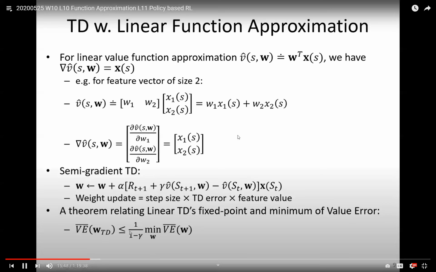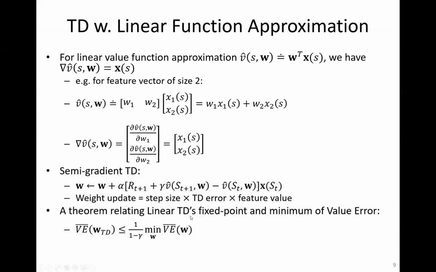So there's a theorem that relates linear TD's fixed point and the minimum of value error, which is less than or equal to 1 over 1 minus gamma. So it's a non-trivial theorem. If gamma is large, that is, you're looking a long time into the horizon, then the error of TD may be very large.